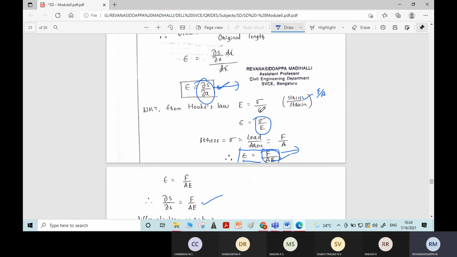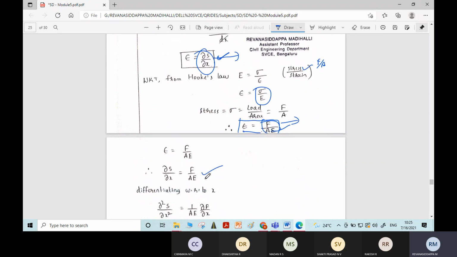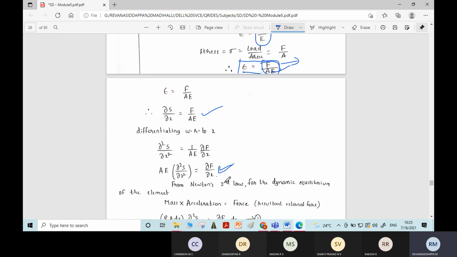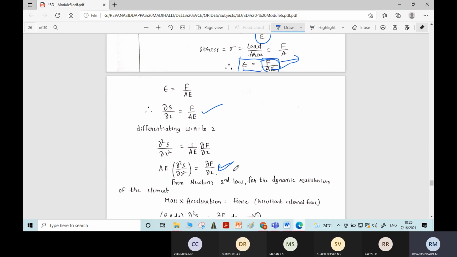Take strain epsilon to the LHS and the modulus to the RHS, and for the stress substitute F by A, and you will get one more expression for strain. Using these two expressions obtained for the strain, you equate the two RHS terms and differentiate with respect to x. The final expression we got is AE into del square s by del x square equal to del F by del x. Okay, this is the first step.